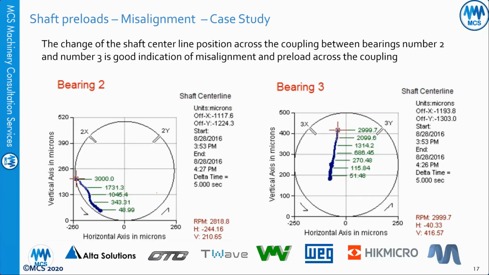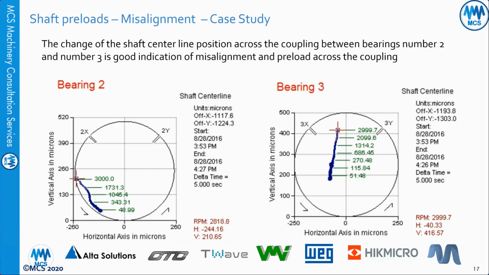Yes, bearing number two looks like it's affected by misalignment more than bearing number three. And this is what misalignment is: you might have one bearing affected more than the other. It all depends on the installation. In this case, all the bearing types were the same, bearings 1, 2, 3, and 4.